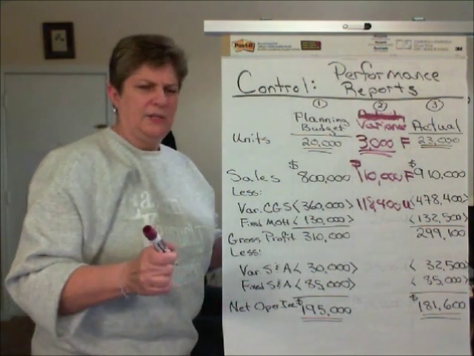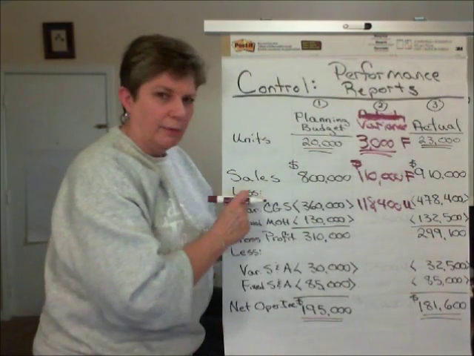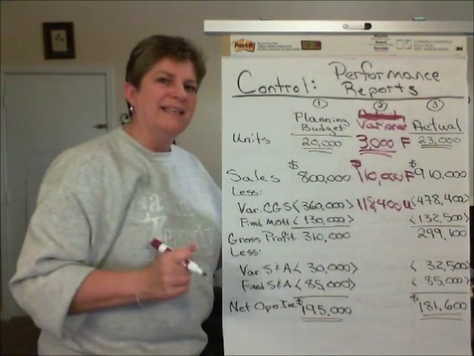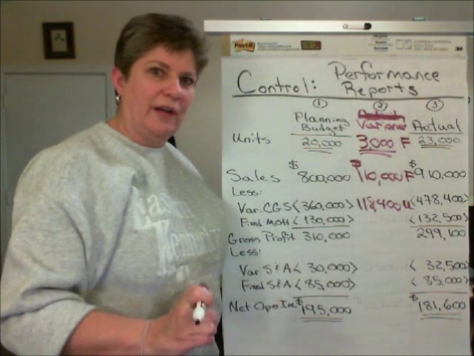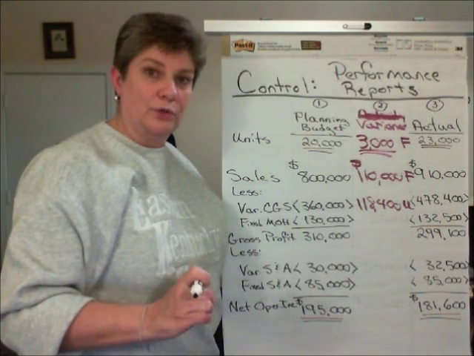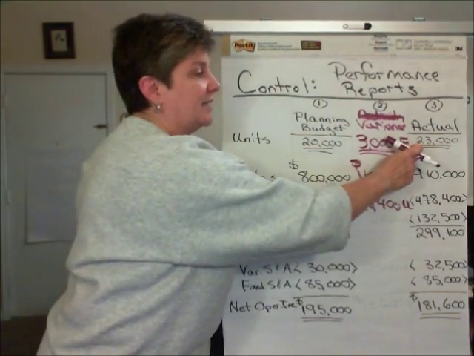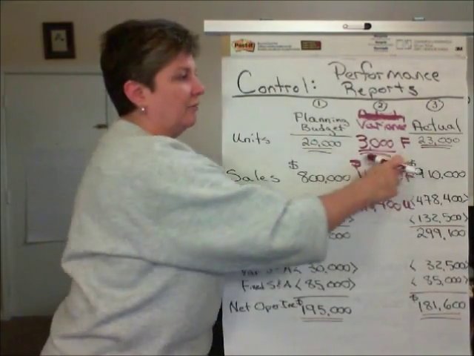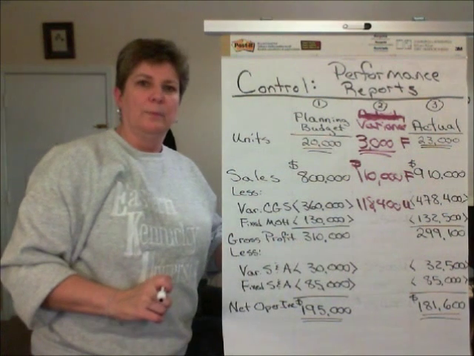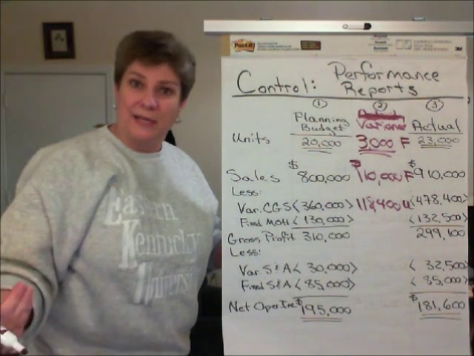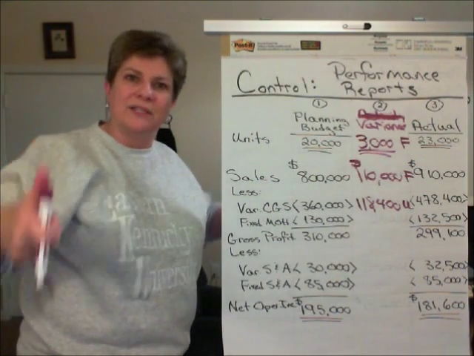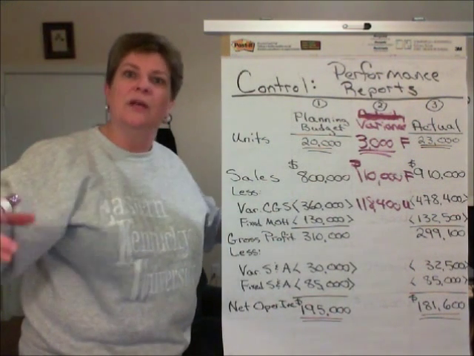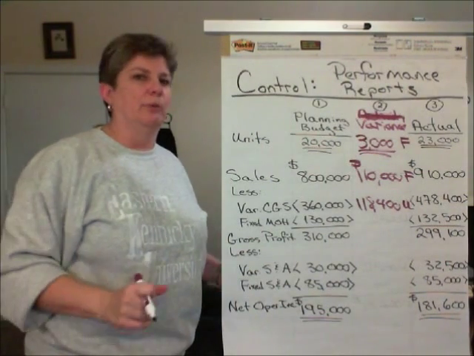But wait a minute, this is a variable cost. Now, by definition, what would we expect variable cost of goods sold to do as activity went from 20,000 to 23,000? Well, we expect variable cost to increase in total as activity increases. That's the definition of variable cost.